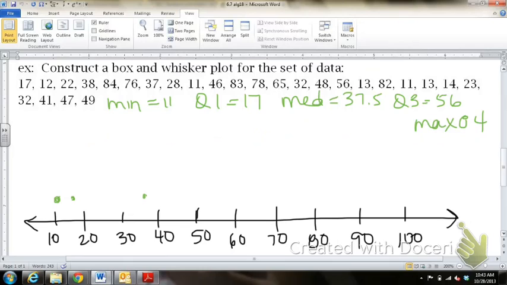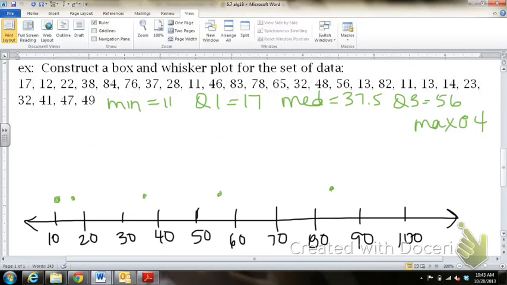And then 56 is halfway between 50 and 60. And 84 is between 80 and 90.